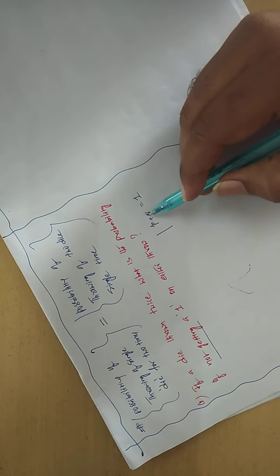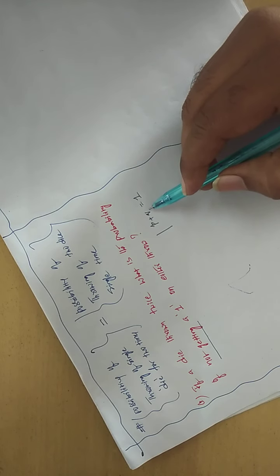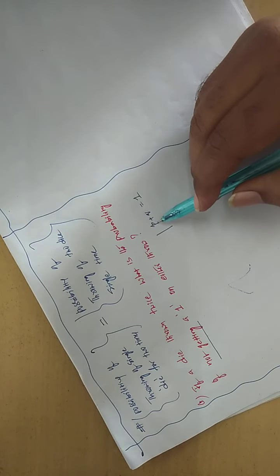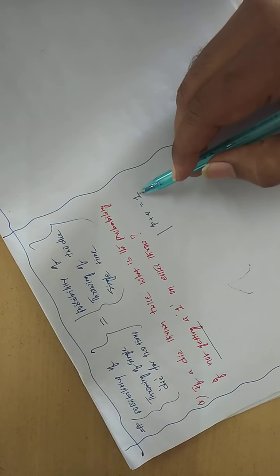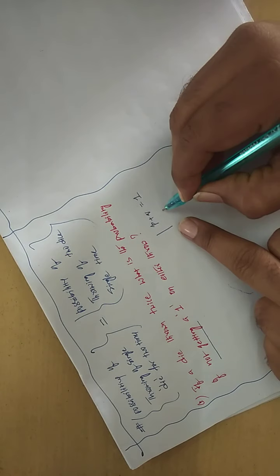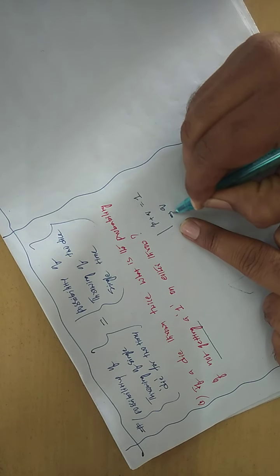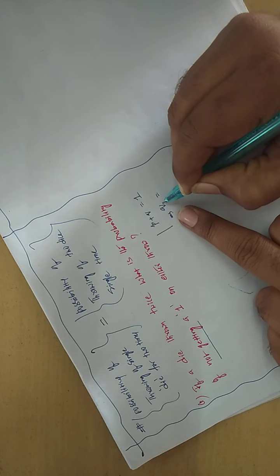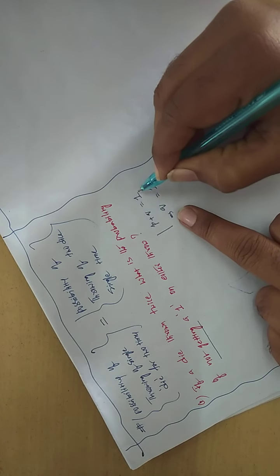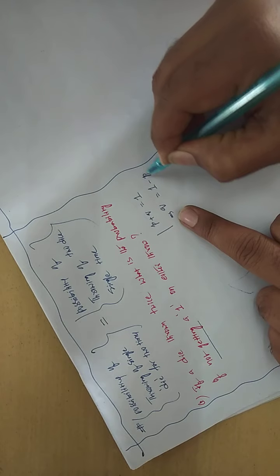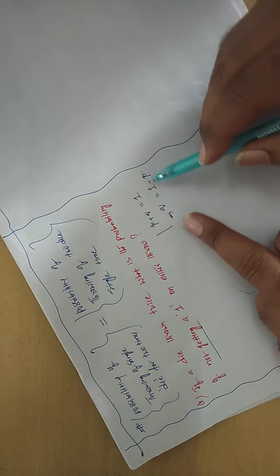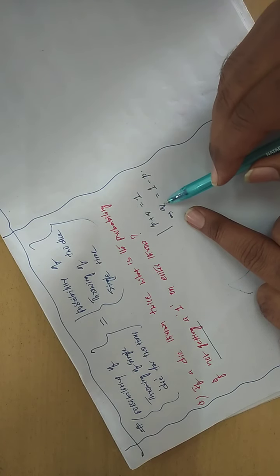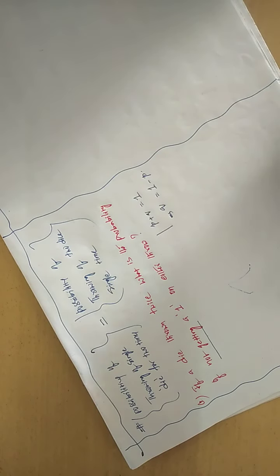Q is the failure probability. By adding all success probabilities and failure probabilities in a sample space, the total should always be equal to 1. From this you can derive one point. If you want to calculate Q, how do you get it? It is 1 minus P. That means if you calculate P, just do 1 minus P, and you will get Q. What is Q here? Failure probability.